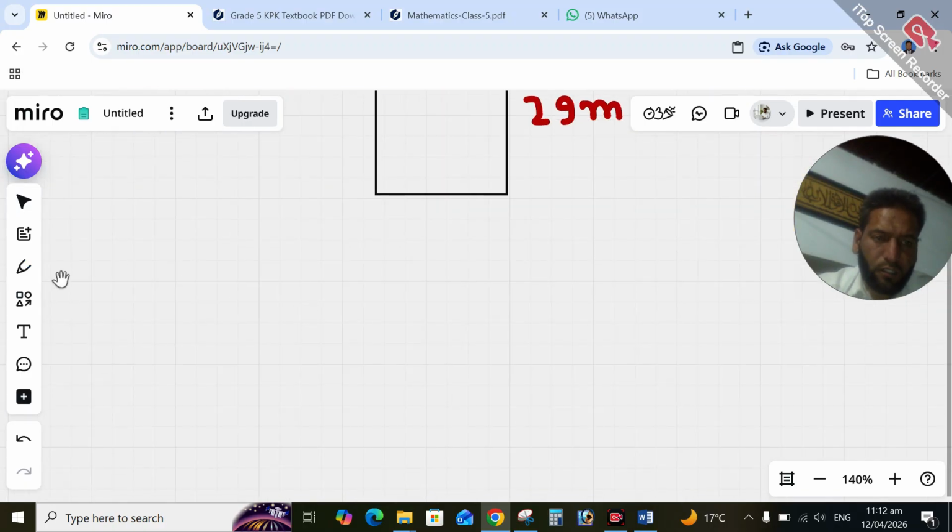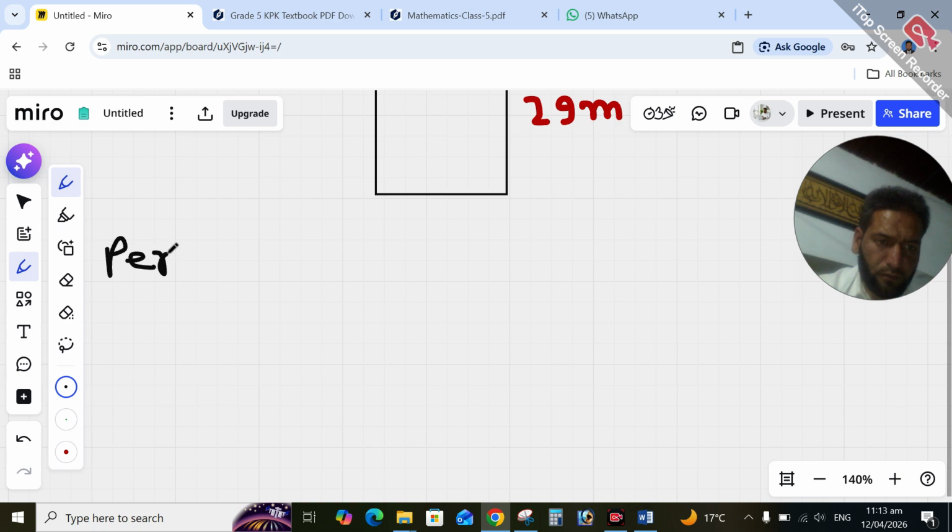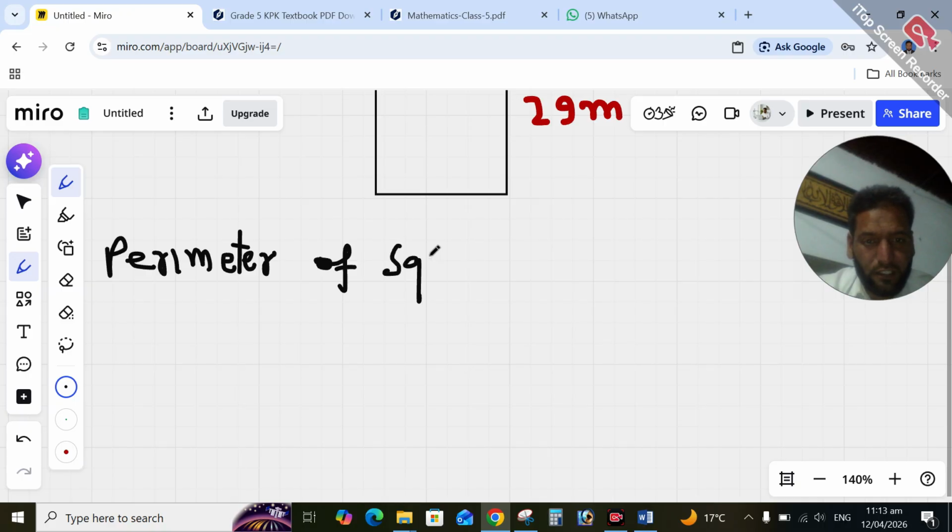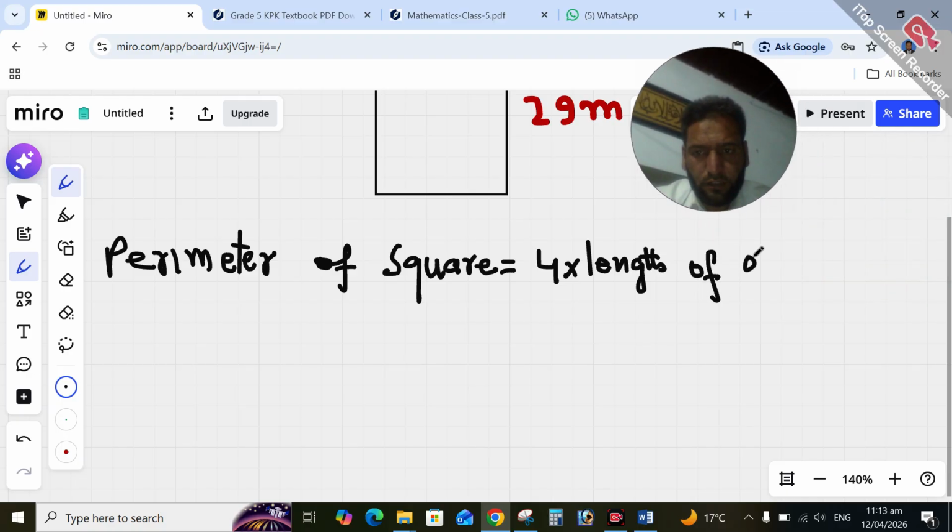Now by formula, perimeter of square shape. The perimeter of a square is defined as 4 times the length of one side.